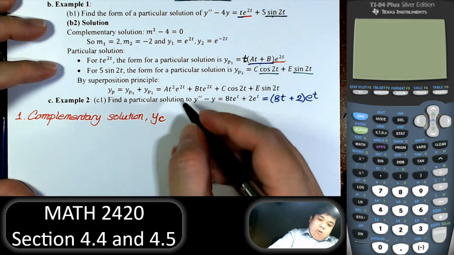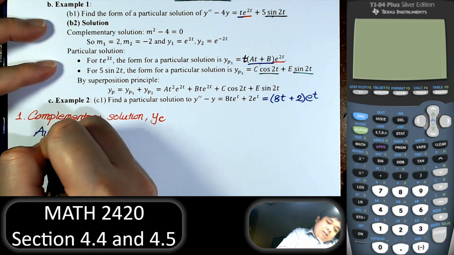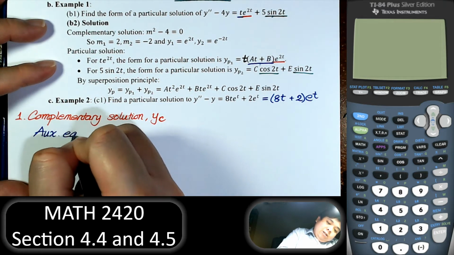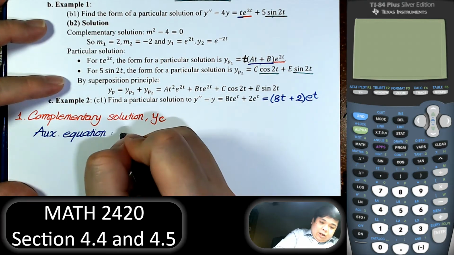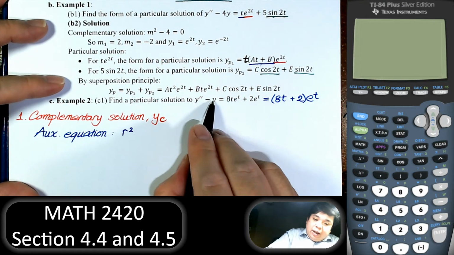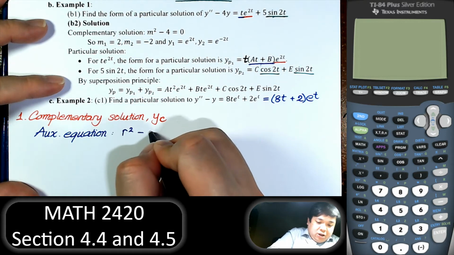So auxiliary equation for that: r squared minus 1.